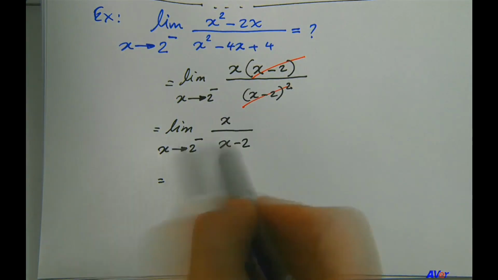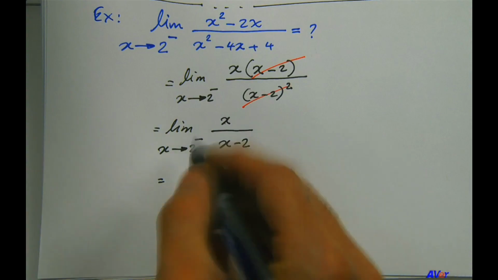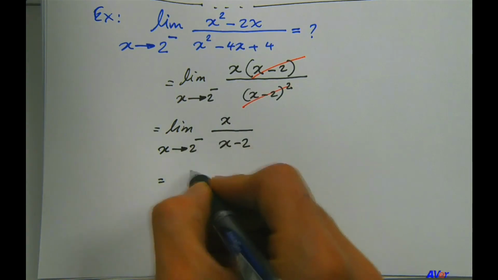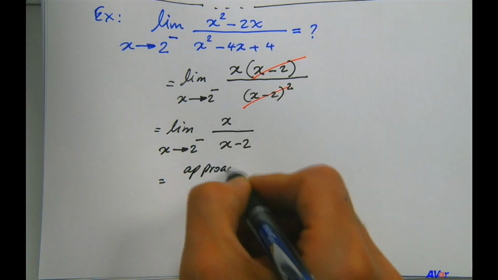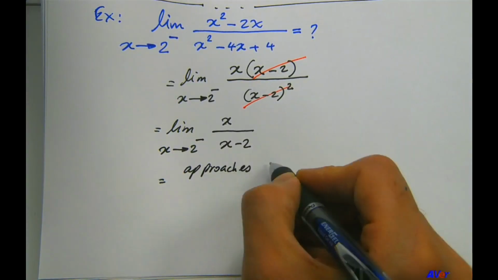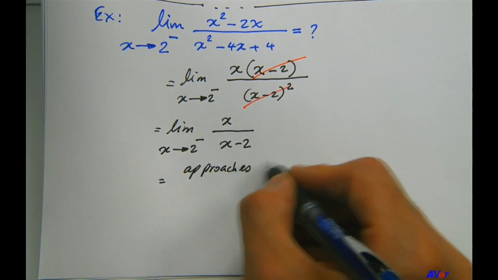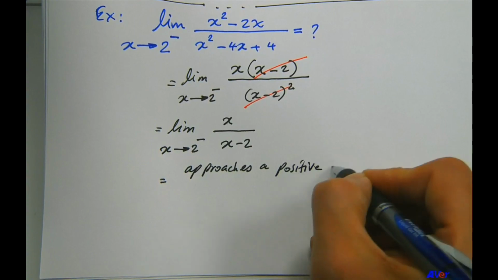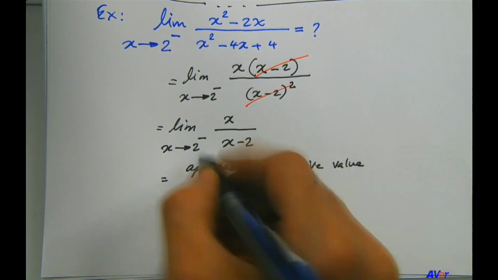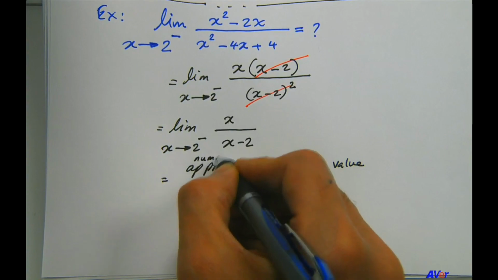So it's approaching 2 from the left. Okay, so the numerator approaches a positive value.